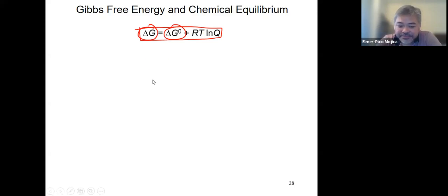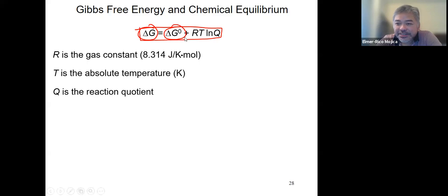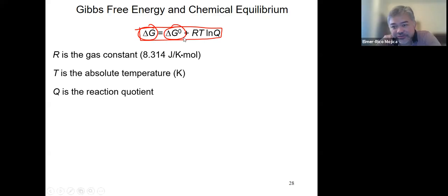One is at standard state while the other is at any other state. Standard state means 1 atmosphere, 25 degrees Celsius, 1 molar. This one is at any other condition that is not standard state.